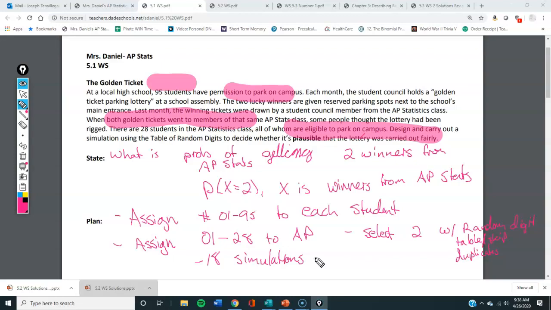We need to say how many we're going to select, 2, and how many simulations we're going to run. We need to say what we're going to do with the duplicates, repeats, numbers that don't count. And we need to say what we're going to record, and we're going to record double yeses. You'll see what I'm entailing. All right?